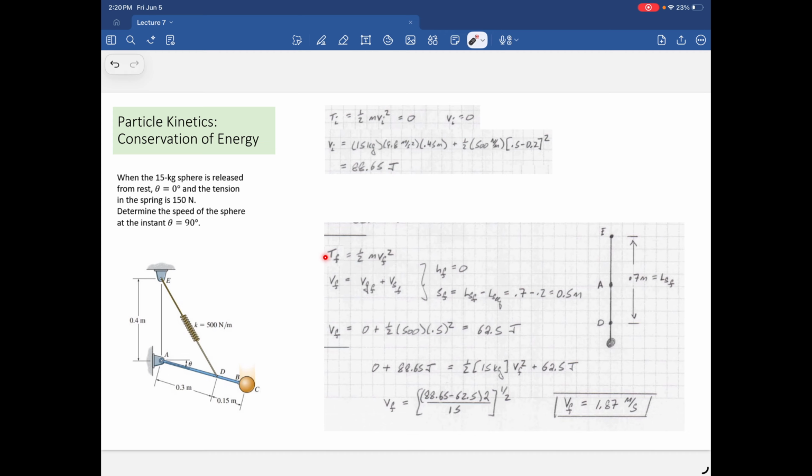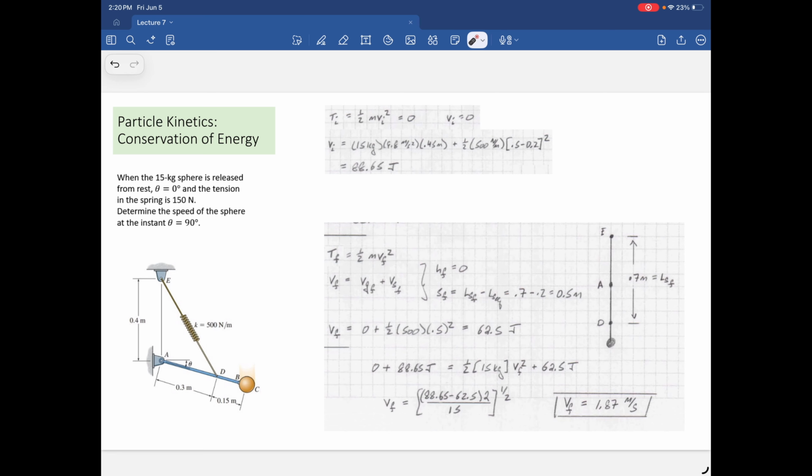Now the final configuration will be 1/2 m v final squared, and then the gravitational potential energy. The height will be 0 because the mass will be at the datum, so this term goes to 0.